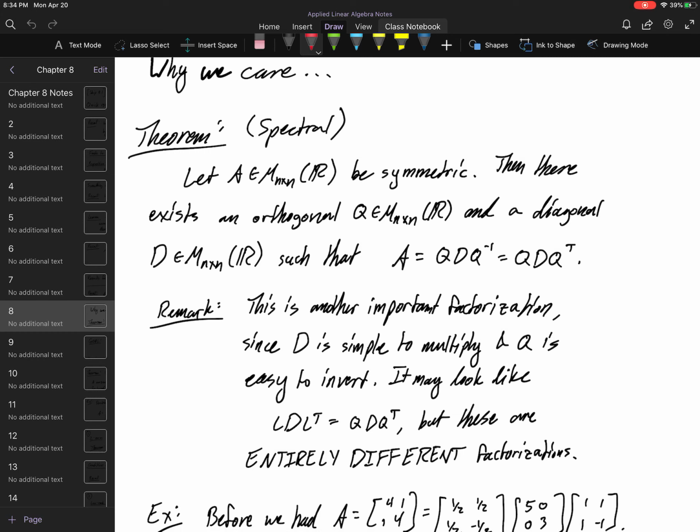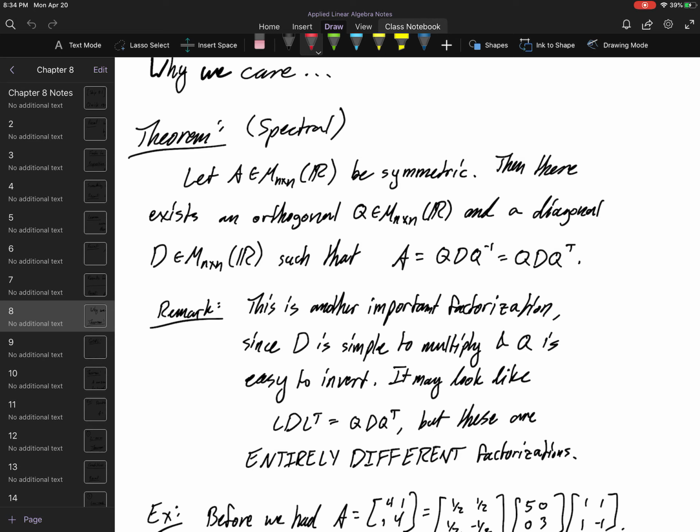But the real takeaway is that symmetric matrices are always diagonalizable, and more to the point, that they're diagonalizable with eigenvectors that are orthonormal. Right, there is an orthonormal basis for Rn based on this matrix A.